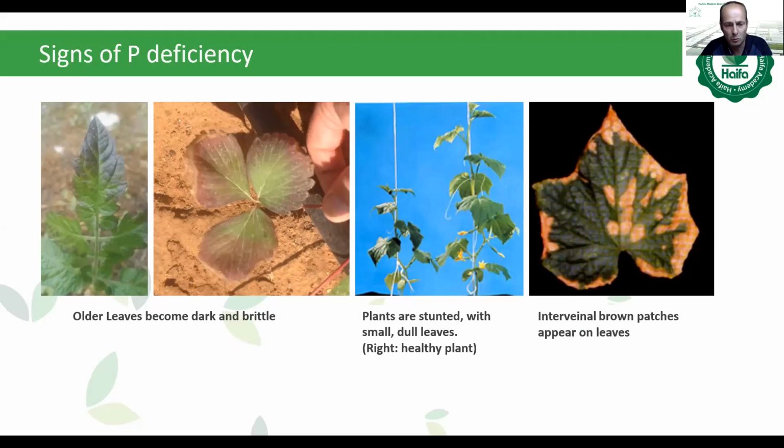So must we look to the upper part of the plant or to the lower parts? This gives you some information about how it looks: leaves are becoming dark or a little bit brittle, and then you have some information to dig in.